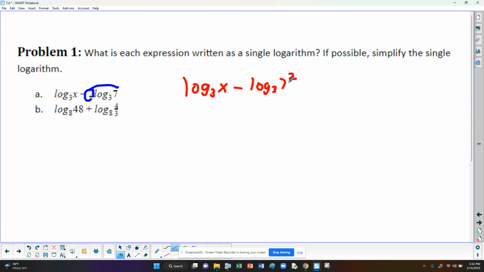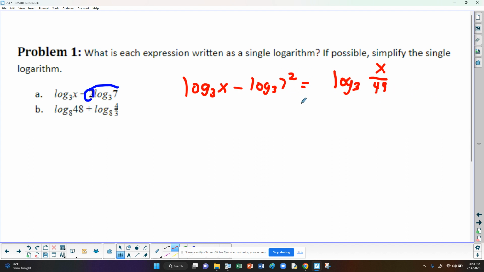Now 7 squared is 49, so now I have 49 right there. And I can now apply the quotient rule. Since I have a minus here, I'm going to go log base 3 of x divided by 49. So there would be my one single log to represent that situation.